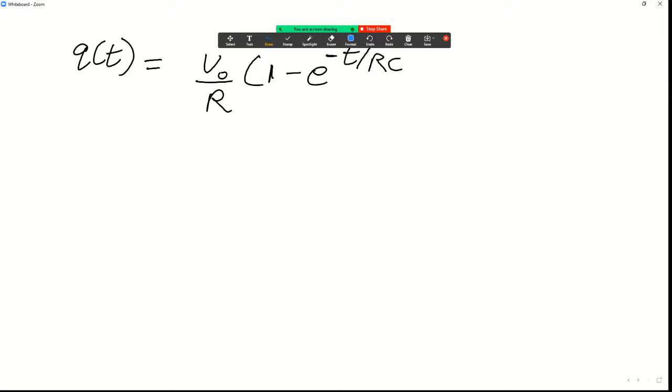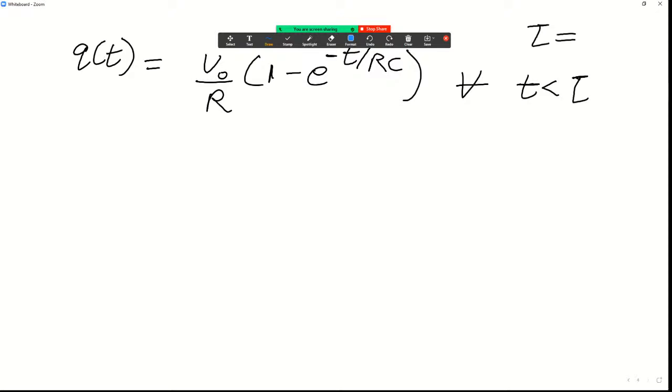Yes. So we have Q as a function of time, that is V naught by R times 1 minus e to the power minus t by RC for t less than tau.